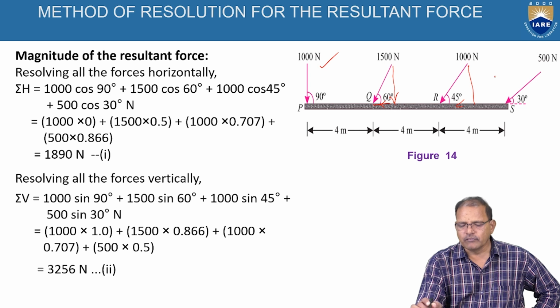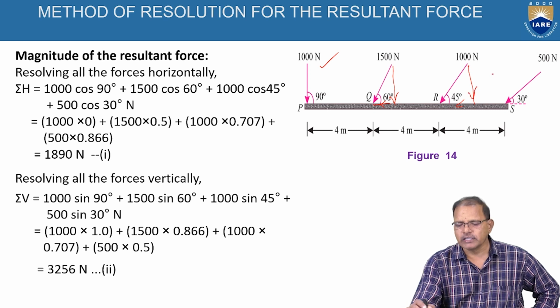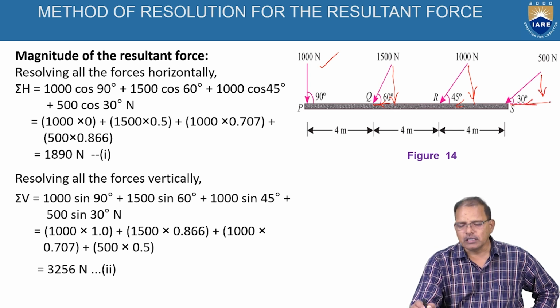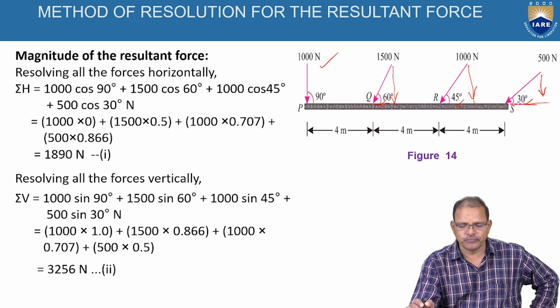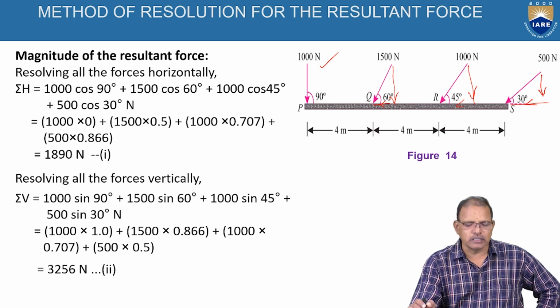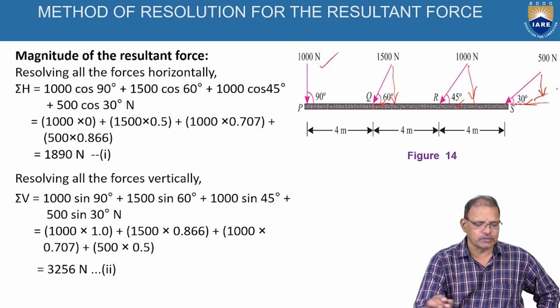Similarly, 1000 newtons at point R, again acting downward, so toward the left side. And at S, 500 newtons, acting downward, but the x component is toward the left-hand side. So the horizontal components are acting toward the left-hand side according to this problem.